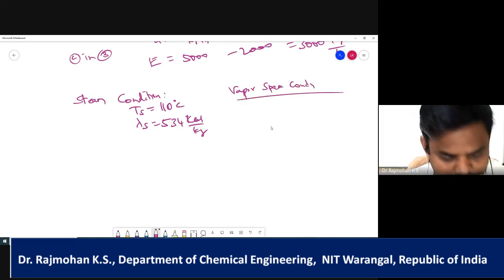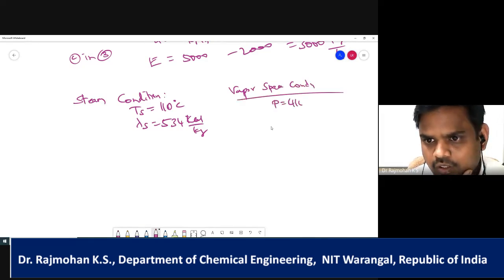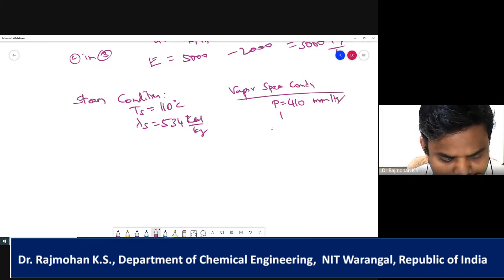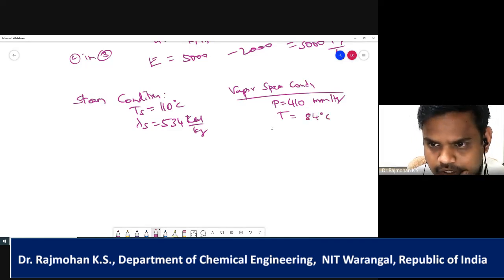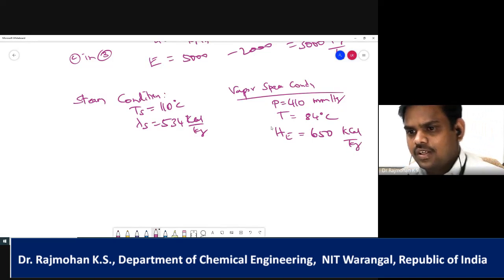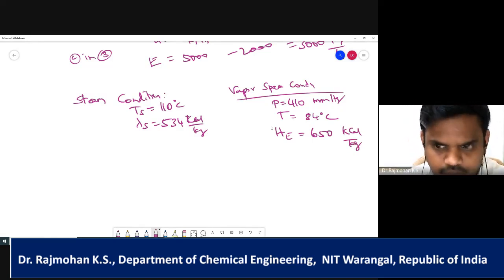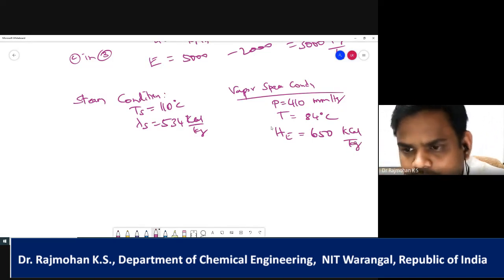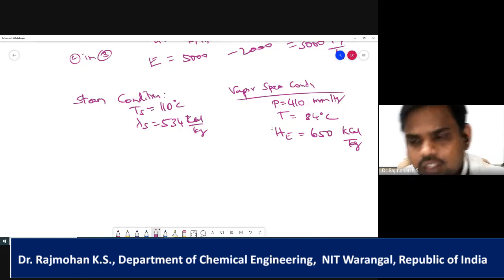Vapor space condition is given that P is 410 mm mercury, temperature is 84 degrees Celsius, and HE value is 650 kilocalorie per kg. The corresponding values are given. If it is not given, we assume it to be 100 degrees Celsius at atmospheric pressure. Here we are having absolute pressure.